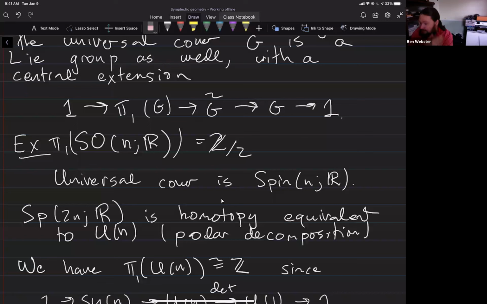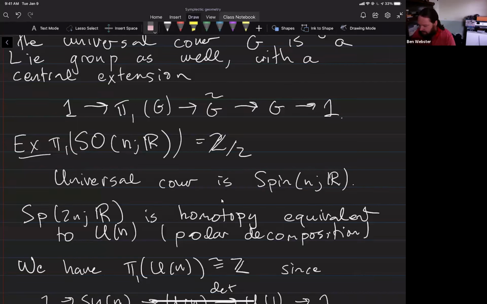Choosing a maximal compact, there's one for every compatible complex structure on R^2n. The contraction is you write your element of the symplectic group as a unitary times something positive definite, and then you gradually shrink down the positive definite part. The key point here is the space of positive definite things is contractible.